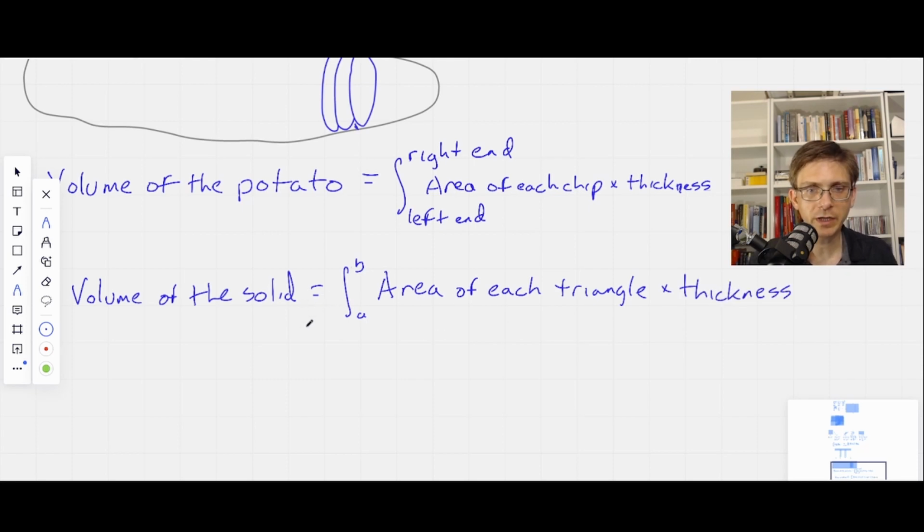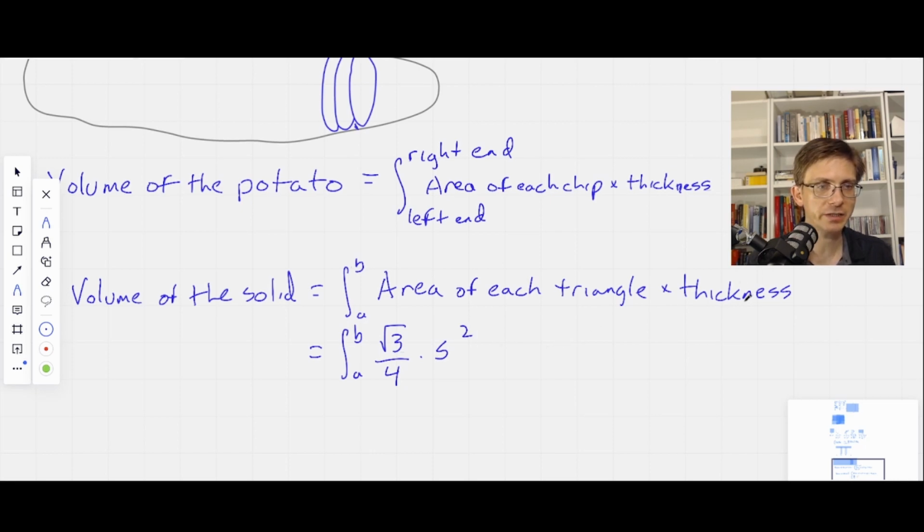Now we can begin to actually put in some values for what we have here. Still going to leave the integral from A to B. And we know the area of the triangle because we're dealing with equilateral triangles. So the area of each triangle, whatever it ends up being, is rad 3 over 4 times the side length squared.